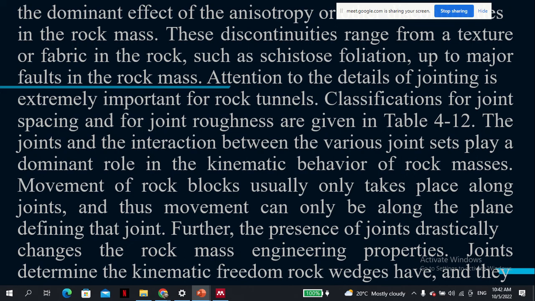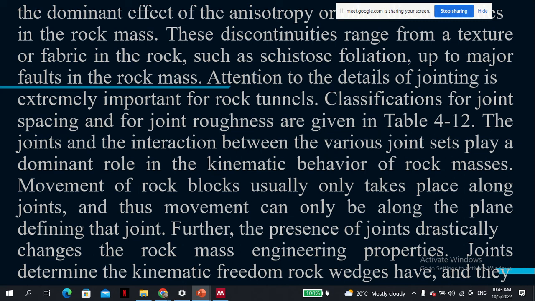So attention to the details of jointing is extremely important in rock tunnels. Classification for joint spacing and joint roughness are given in some table I will show you later. The joints and the interaction between the various joint sets play a dominant role in the kinematic behavior of rock masses.